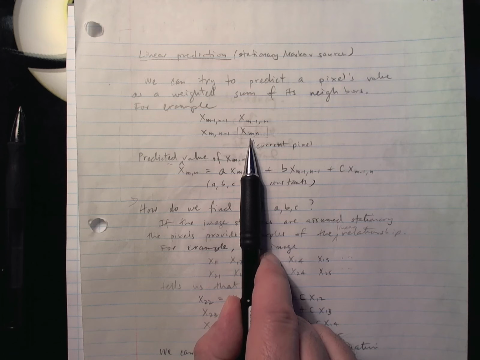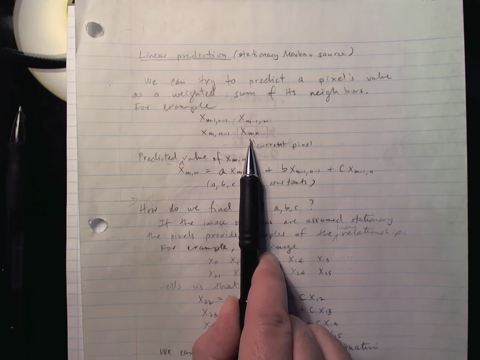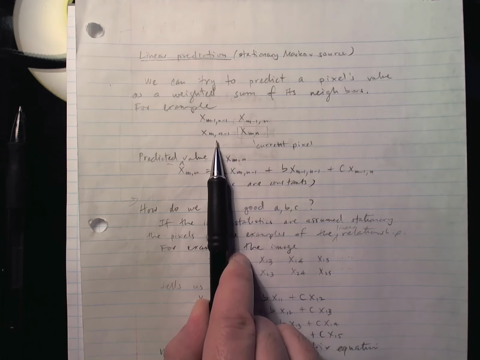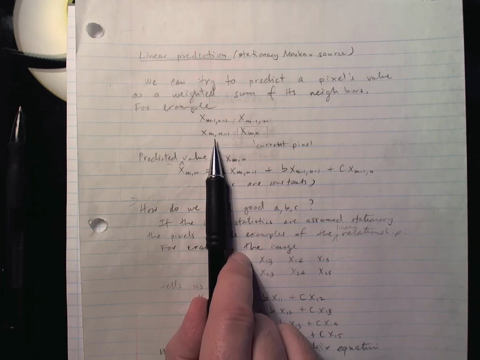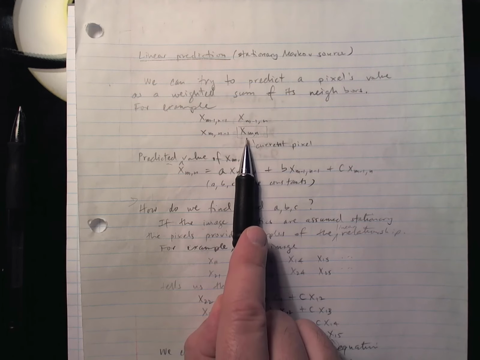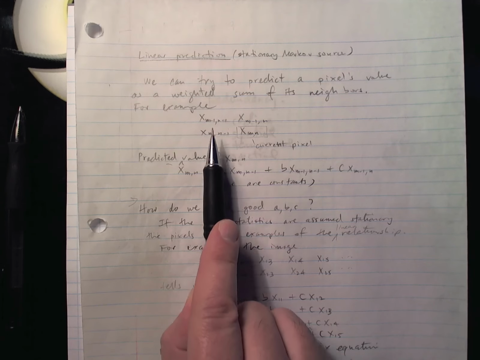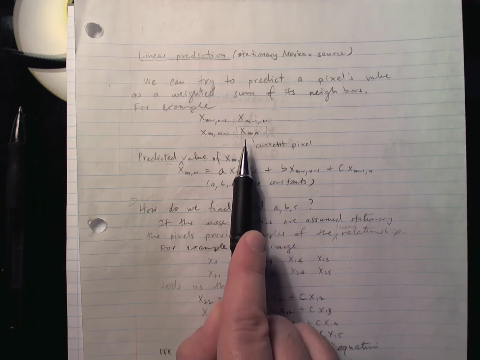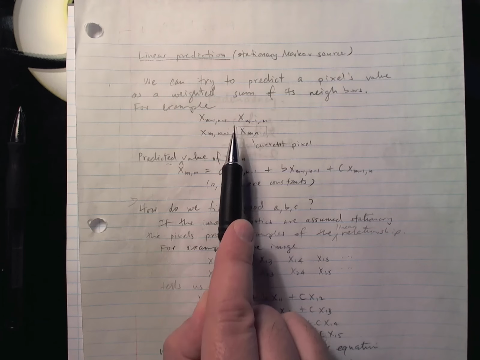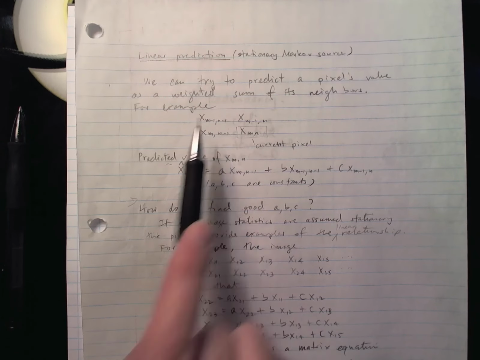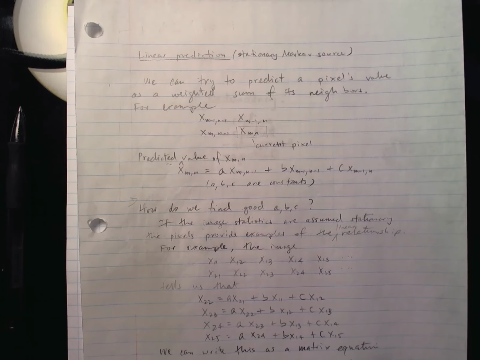In this scheme, rather than saying that this one is simply equal to this one, which is what we did a second ago, we're instead going to assume that it is somehow related to this one, and this one. So the one above, the one next to it, and the one up and to the left.